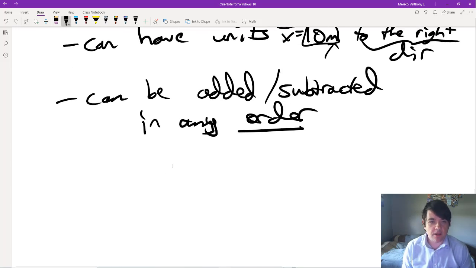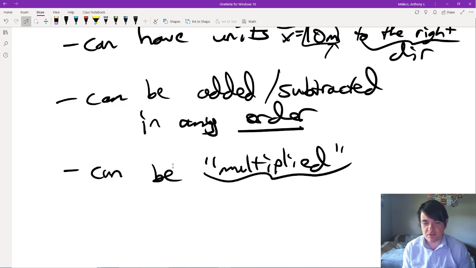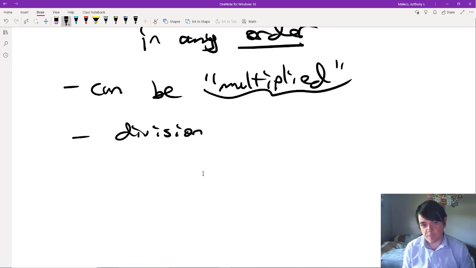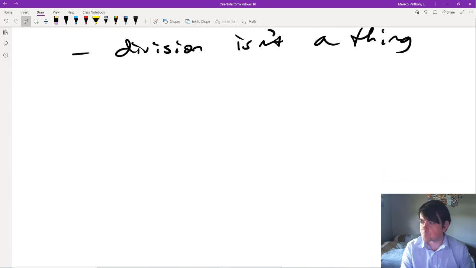And then there is a form of multiplication, and I don't like using this term because it's not technically the correct term, but there is a form of it. Division isn't a thing. They can't be divided. There's not a term for that.